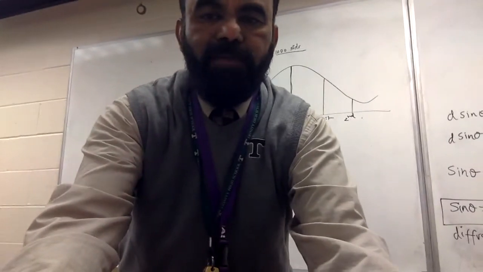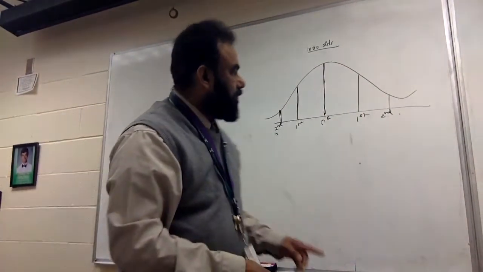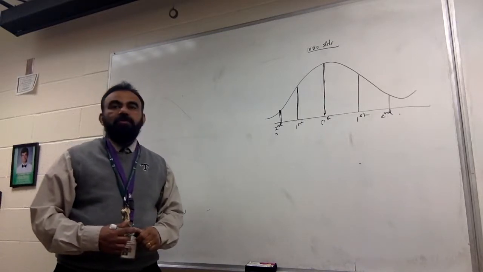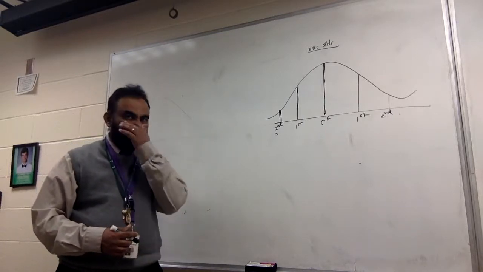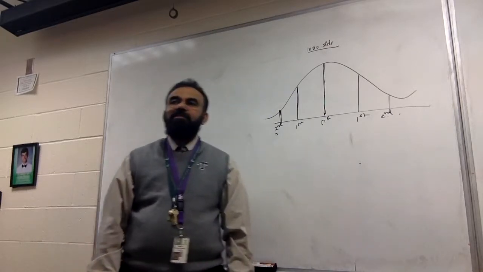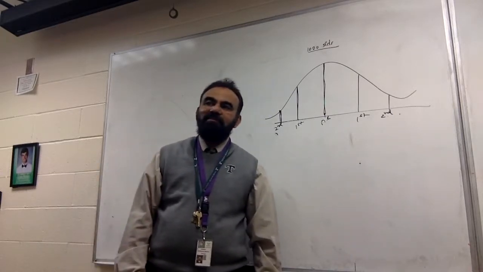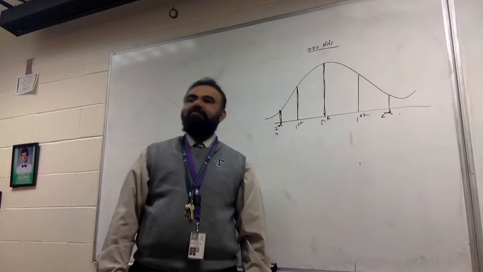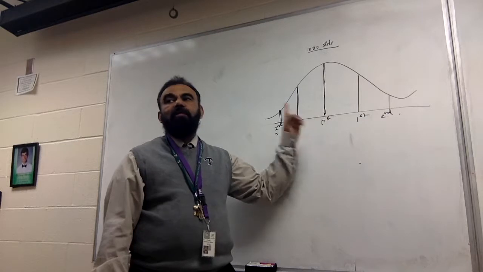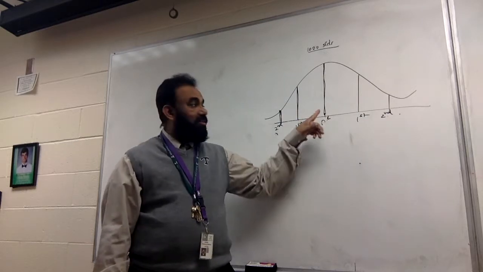All right, now what will happen if you use white light, not monochromatic light, but just white light? Each individual wavelength will have its own diffraction pattern. What will be the color right there? White. This will just be white.